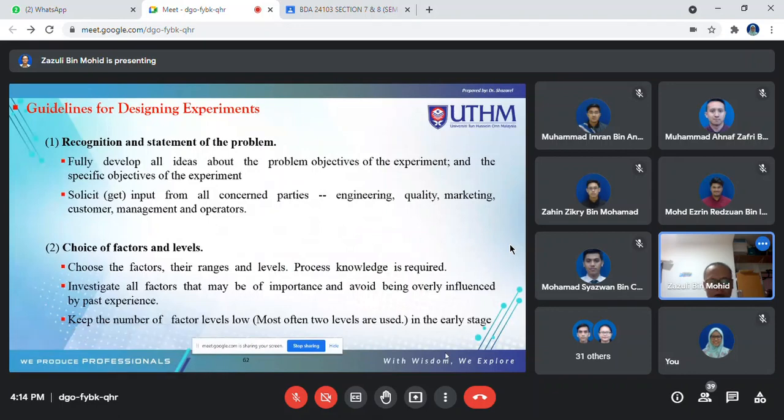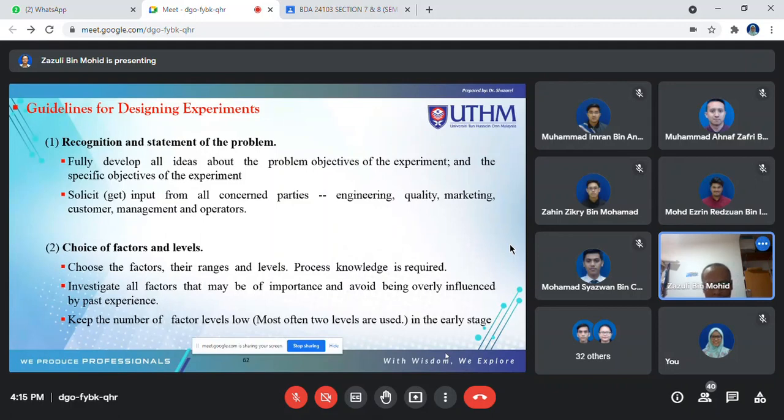So we have to learn about the manufacturing process of foods, the type of foods, the ingredients, and all. So we also need to know the process involved in producing the foods, or any processes, from the first process to the end of the process until the finished product.